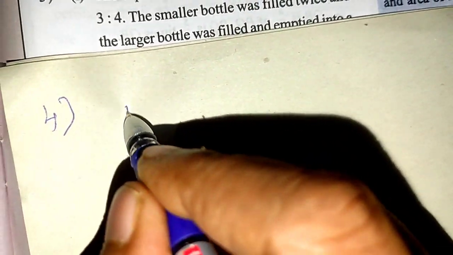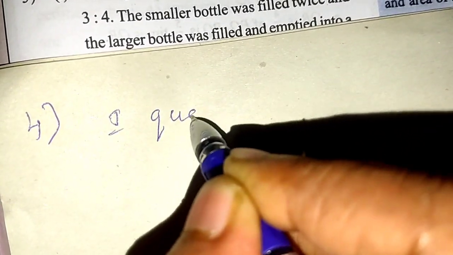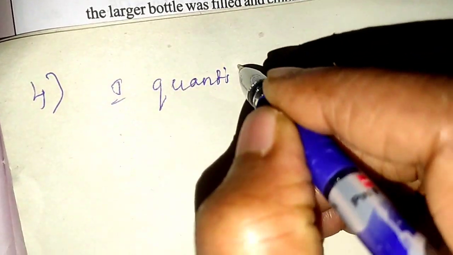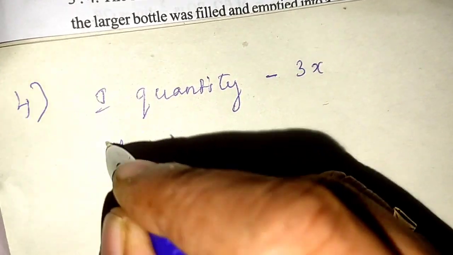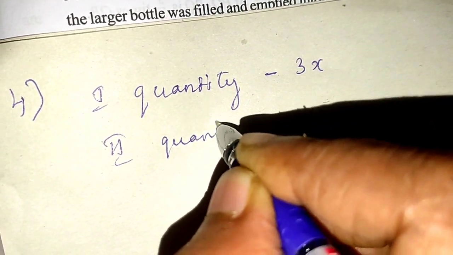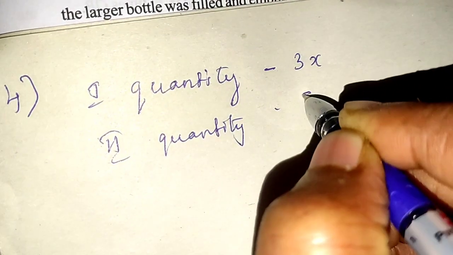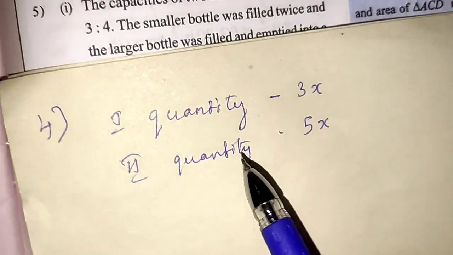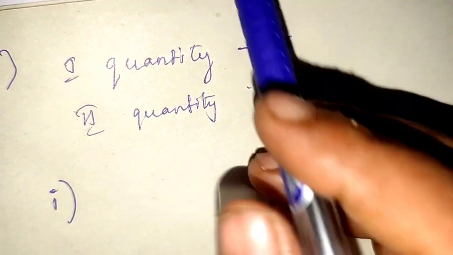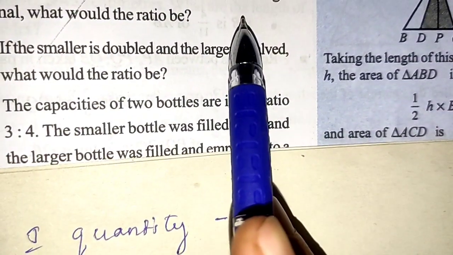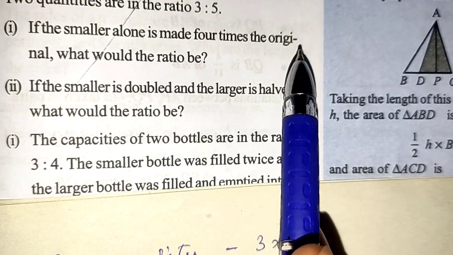If two quantities are in the ratio 3:5, then the first quantity is 3x and the second quantity is 5x. The first sub-question is, if the smaller alone is made 4 times the original, what would be the ratio?